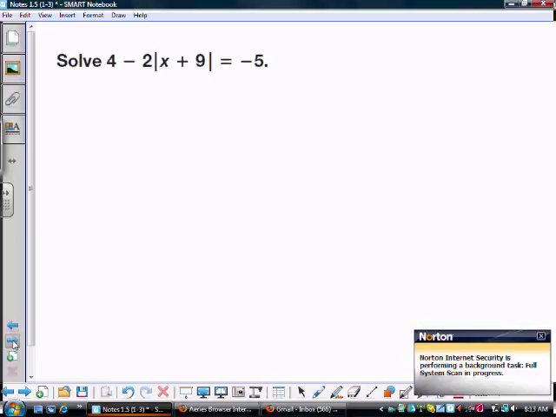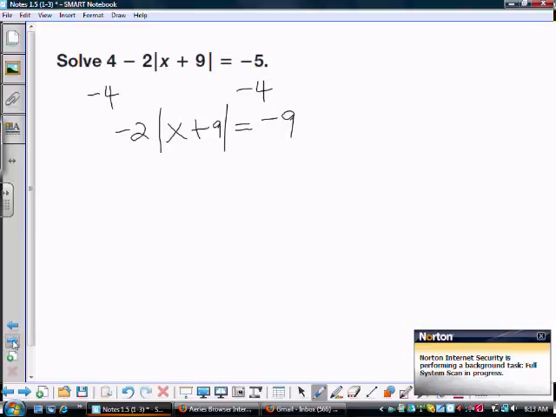So with this one, first thing I'll do is subtract the 4 from both sides of the equal sign. And I get negative 2 times the absolute value of x plus 9 equals negative 9.